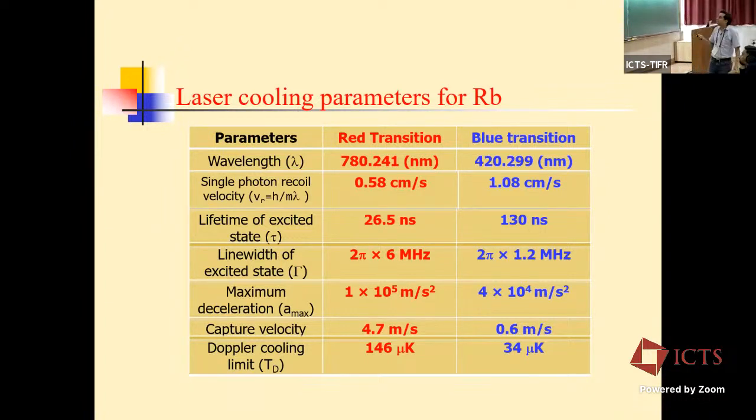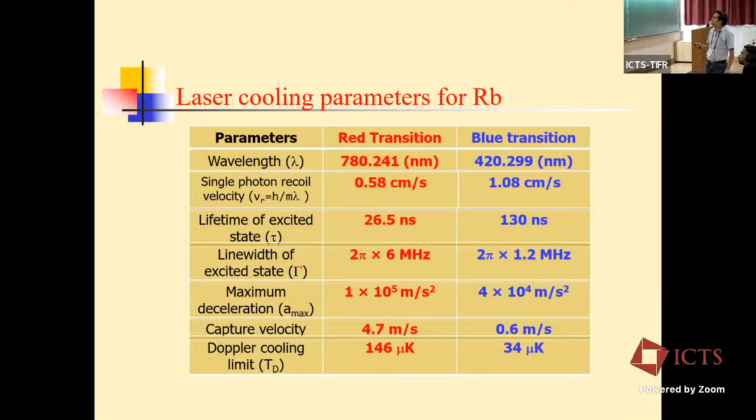These parameters are very important for laser cooling. We have two transitions, the red transition and the blue transition, and we are comparing them. The important parameter is the single photon recoil, meaning how much velocity kick an atom gets if one photon strikes it. In rubidium, with the 420 nanometer transition, it is higher.